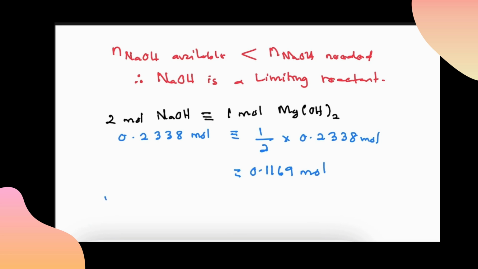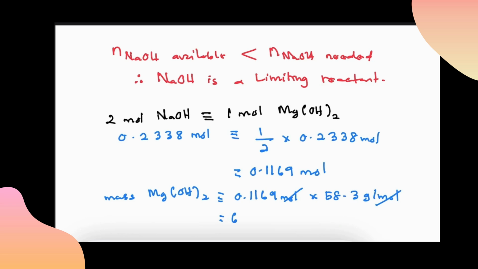Now we want to determine the mass of magnesium hydroxide, and we will get the answer 6.815 gram. So this is the mass of the magnesium hydroxide obtained at the end of the reaction.